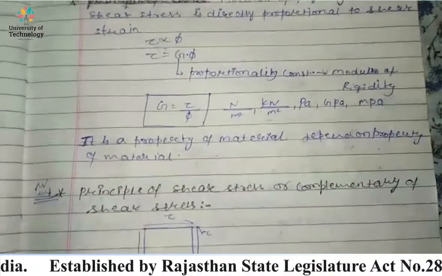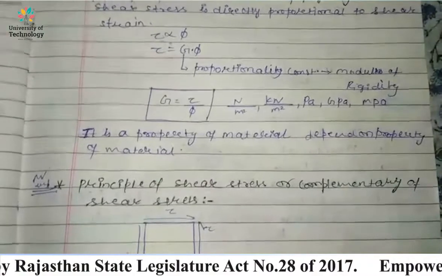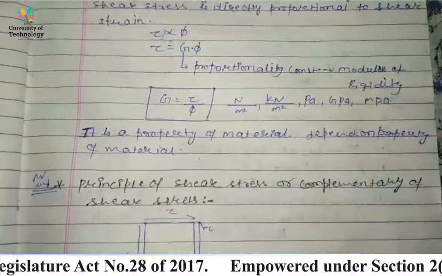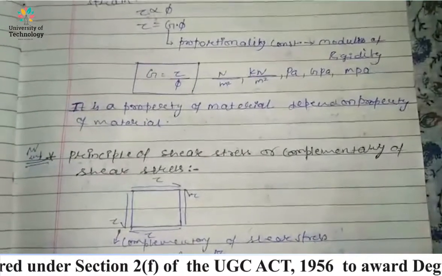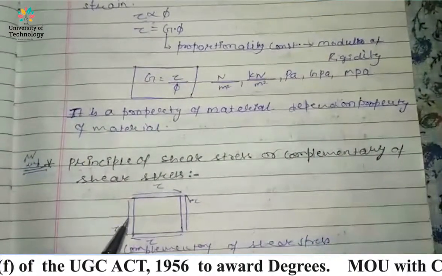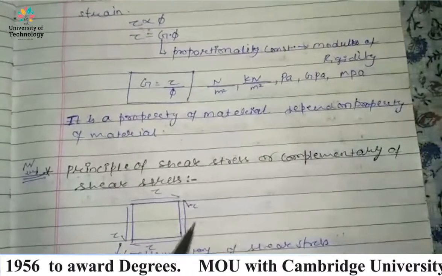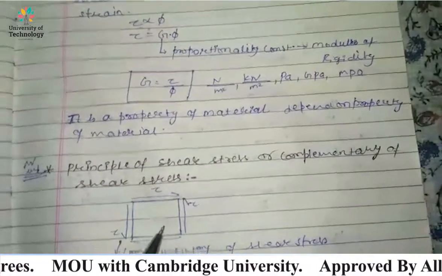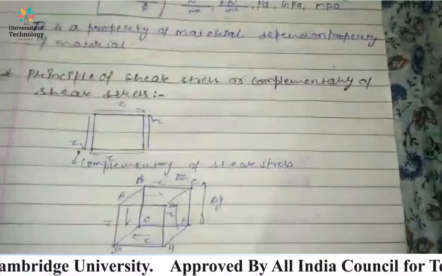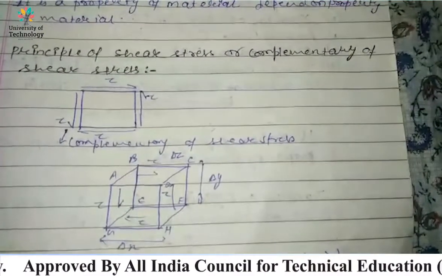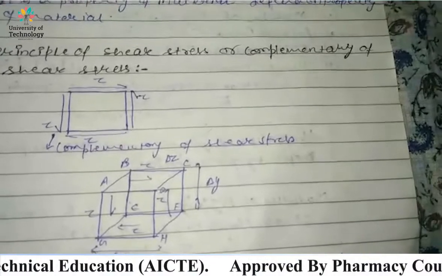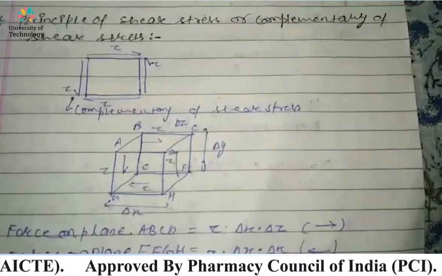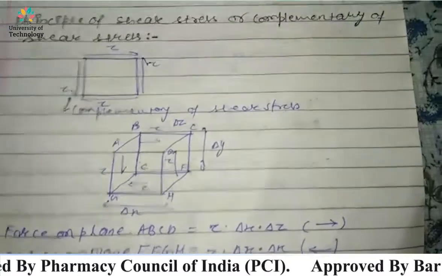Now we explain the principle of shear stress, or complementary shear stress, right? We draw this diagram, and the shear stress is denoted around the figure, and we explain the shear stress from this figure. So we can find the force on the plane ABCD.